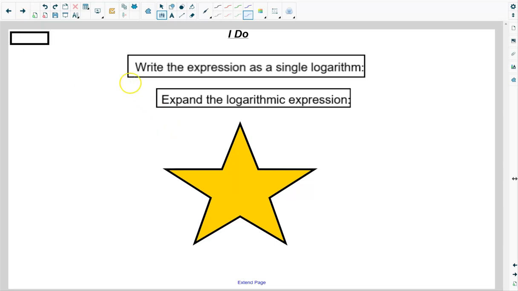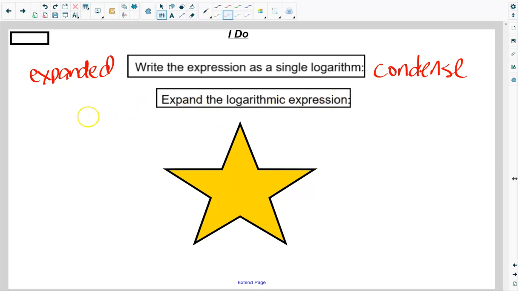Now, in this case, they're basically telling you to condense it. So it's going to start expanded, and you're going to have to condense. If you see it written like this on the CBA anywhere, expect it to be expanded, and you're going to condense it.